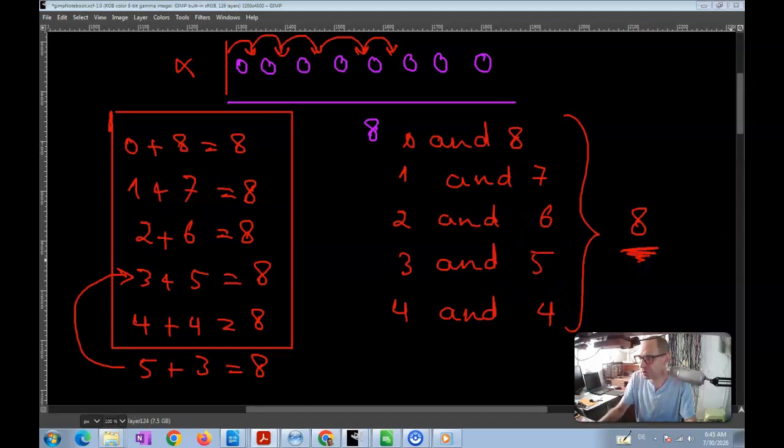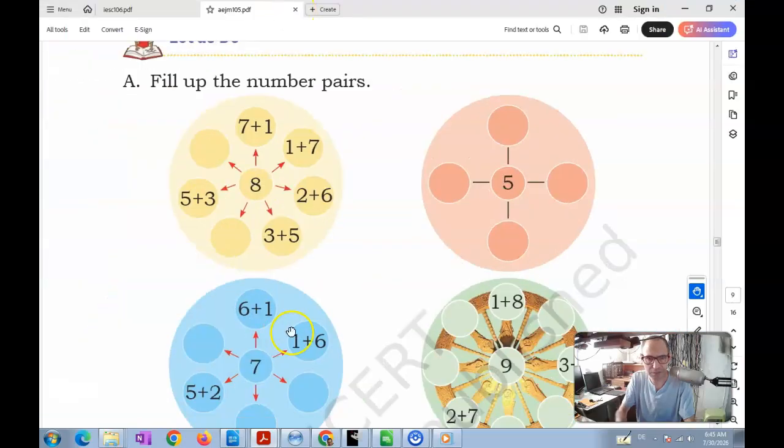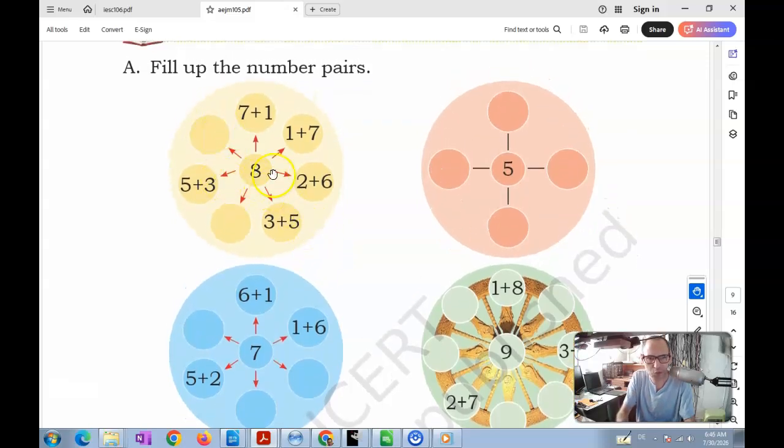And the same thing has been done over here. This number pair thing has applications in different places, so you need to know at least about it. For example, an 8 can be written as 5 and 3, 7 and 1. Now they have written 7 and 1 and 1 and 7, which is kind of the same thing, depending on the definition you have in mind, but to me 1 and 7 and 7 and 1 is essentially the same thing.